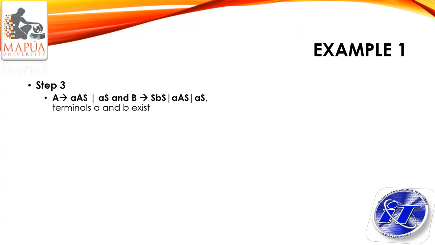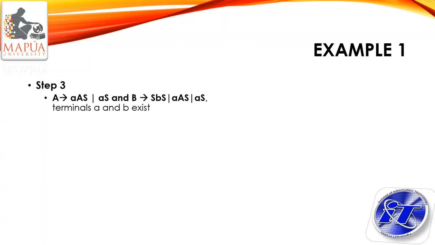Okay. So now let's proceed with step 3. So now, I change the order of the steps. So I start with the previous step 4. Now it will be step 3 in this example. So I'm going to check if there are non-terminal and terminal on the right hand side.